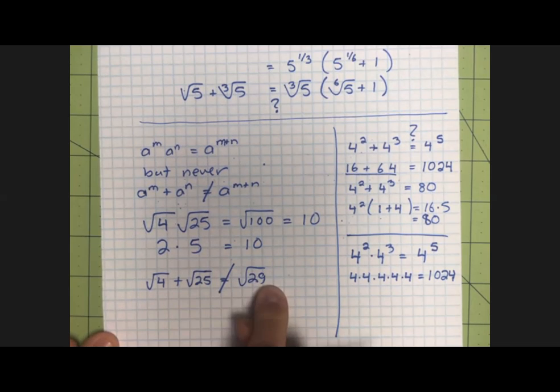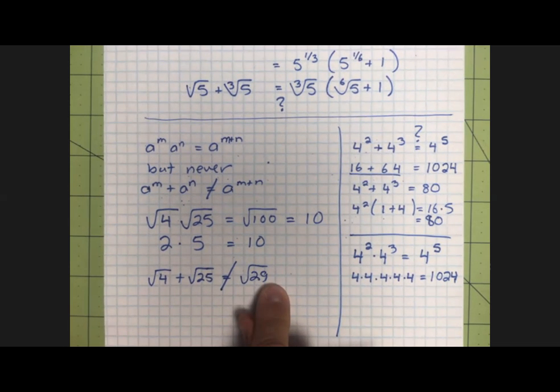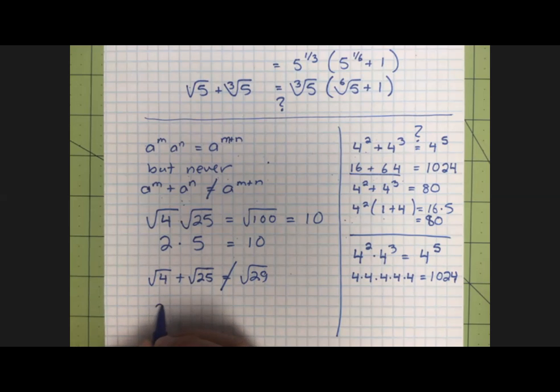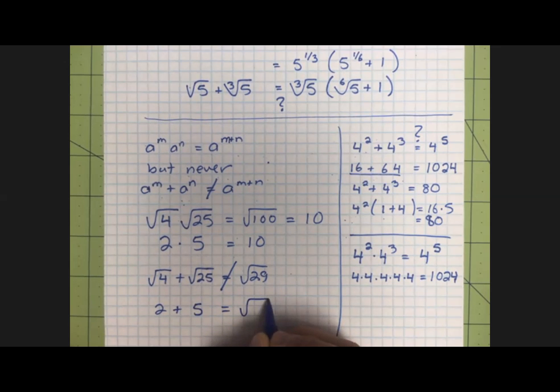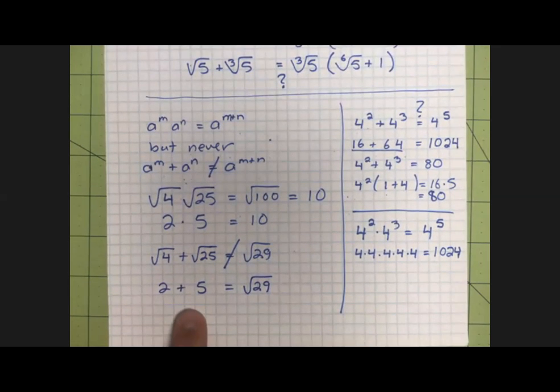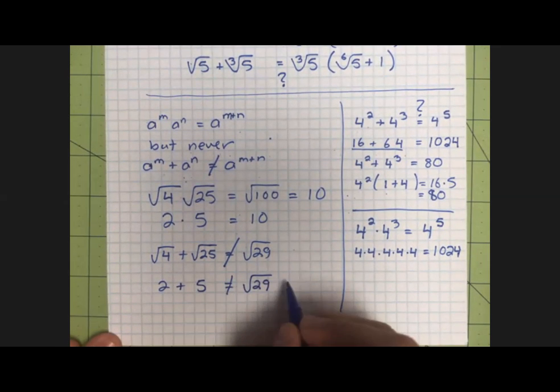That doesn't make any sense. Because the square root of 4 is 2, the square root of 25 is 5. And you can't say the square root of 29 is 7. Well, that's impossible.